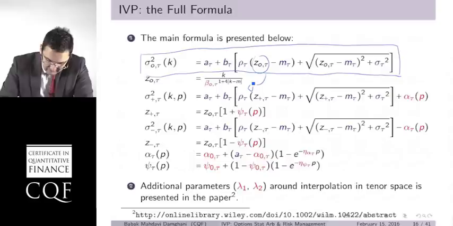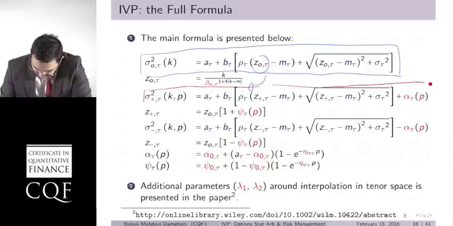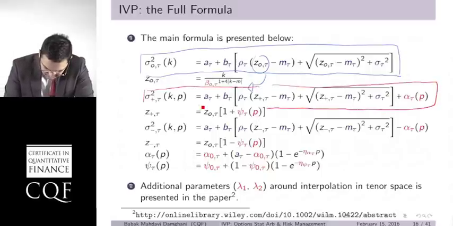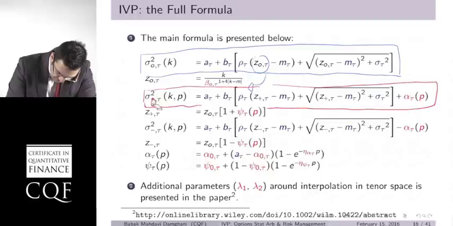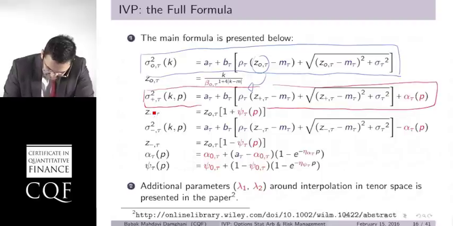And the second thing to notice is that the IVP model has three different sets of equations which represent the bid ask. You can see a plus here. I apologize, it's a bit difficult to use that tool.